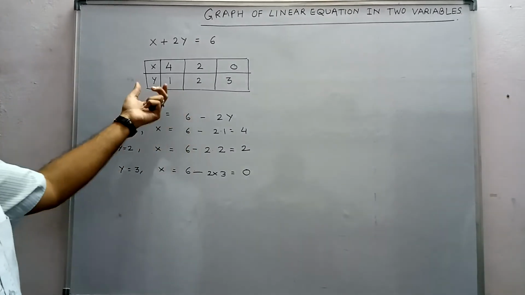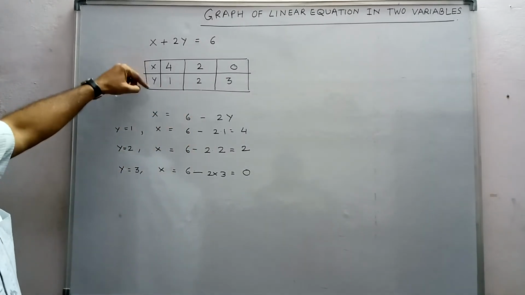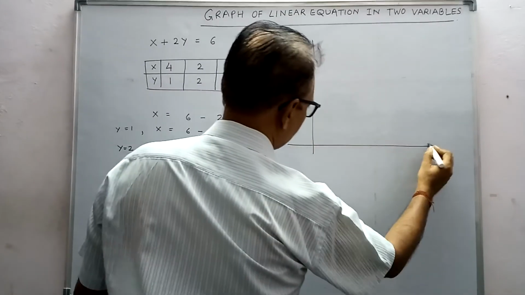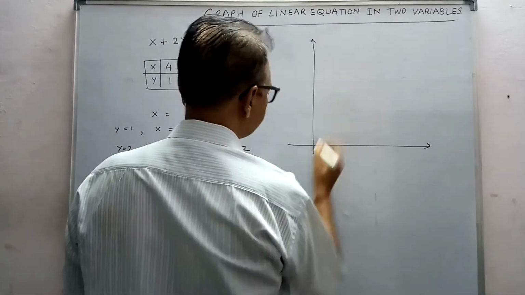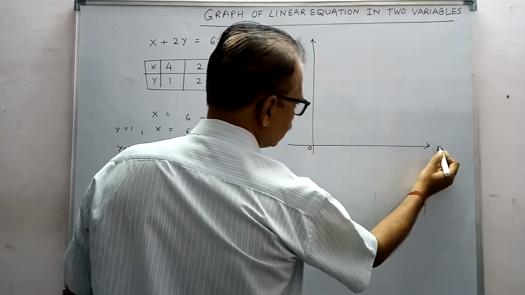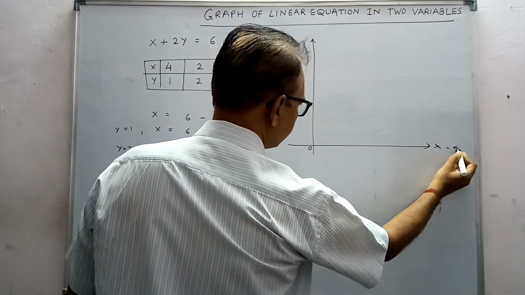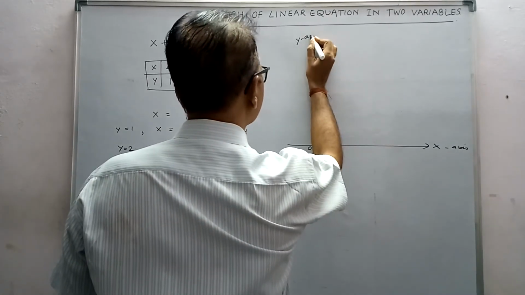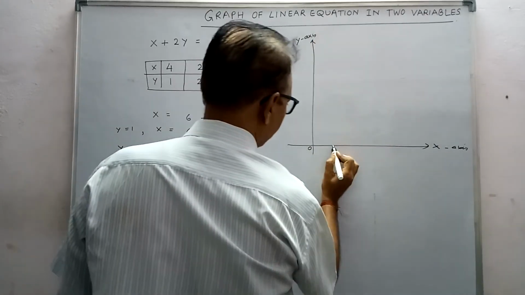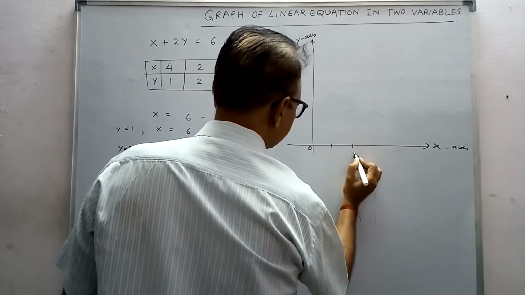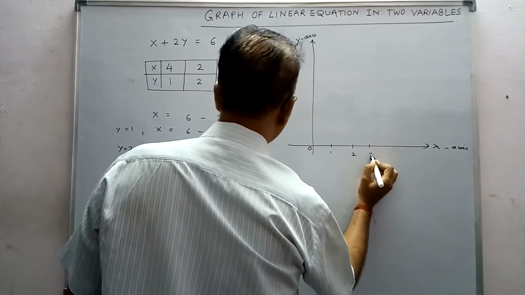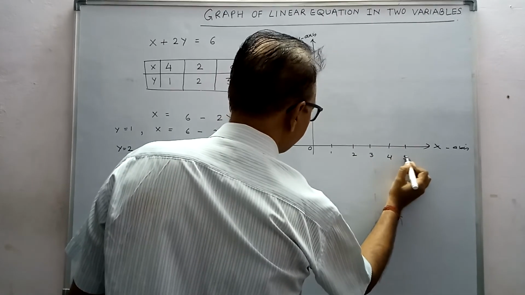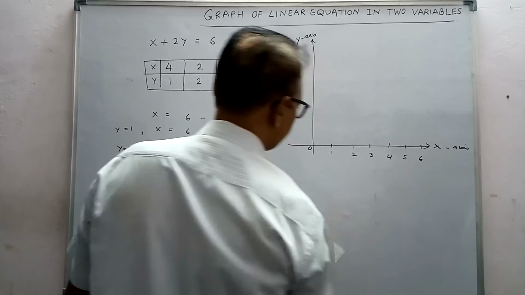Now we are going to plot these values of x and y on a graph paper. So let's draw a graph here. This is the origin, this is the x-axis, this is the y-axis, and here you can take 1, 2, 3, 4, 5 and 6.